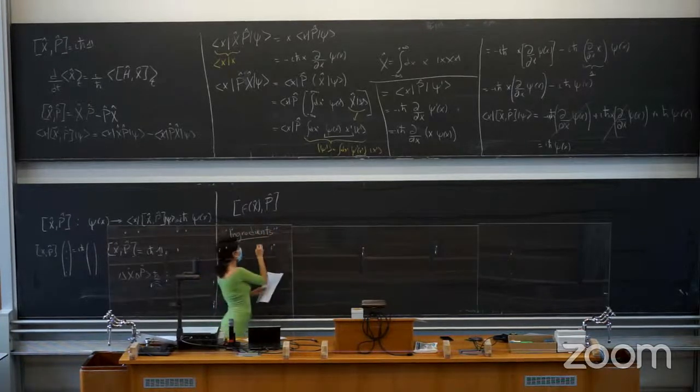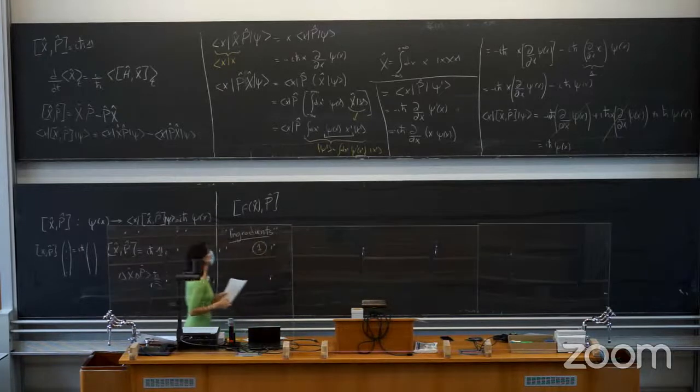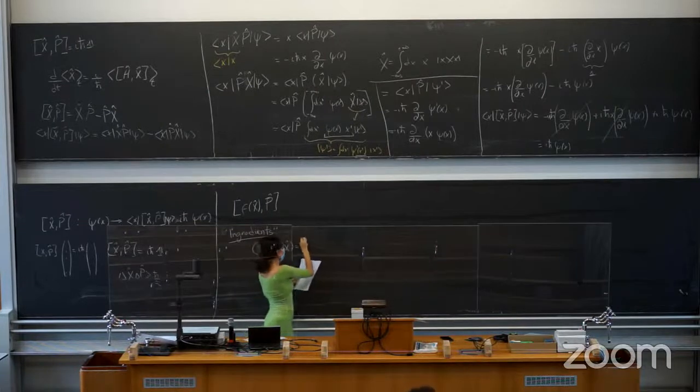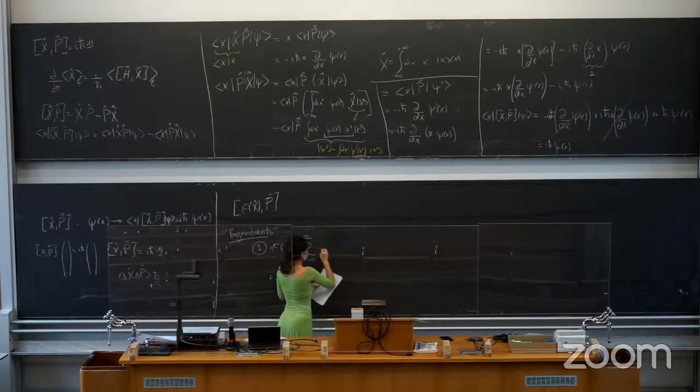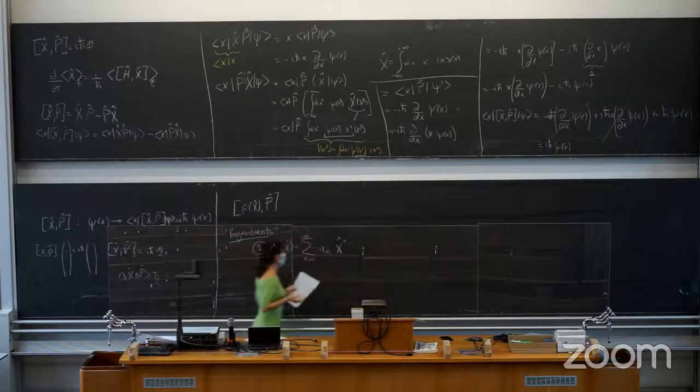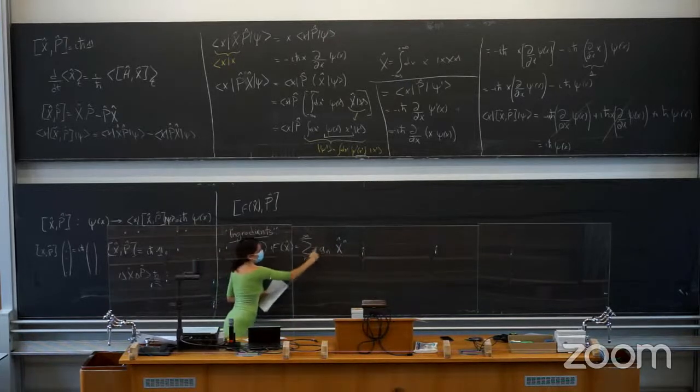The first one is a thing we do whenever we have a function: we just expand it to make things look a bit more linear, so that we can work with it. We just expand it in some series, like the Taylor expansion, and these are some complex coefficients.